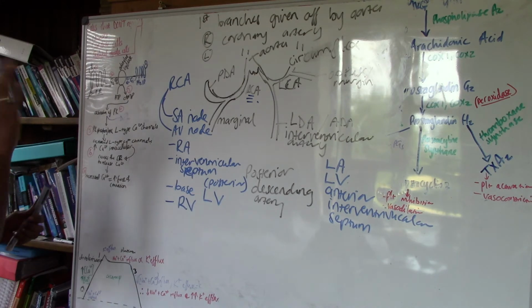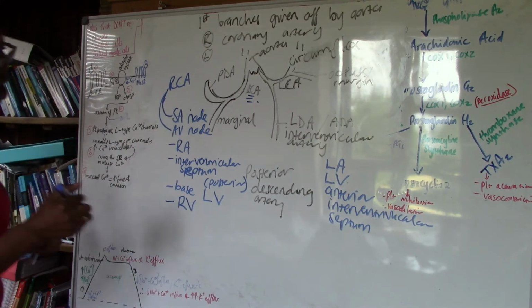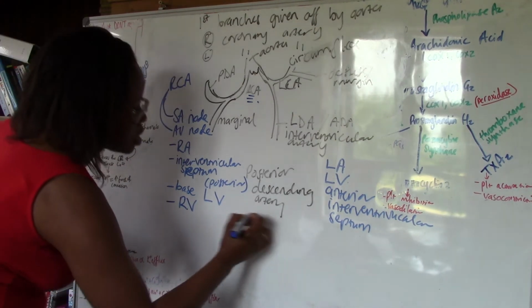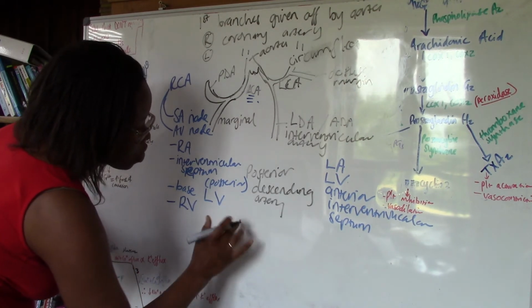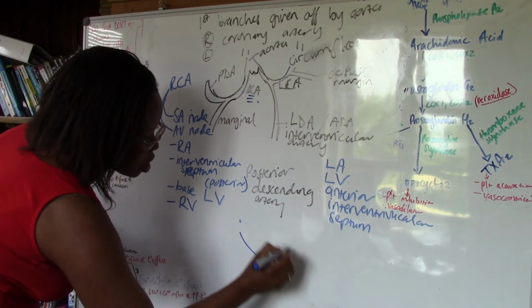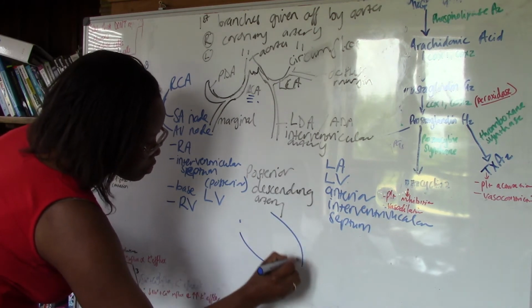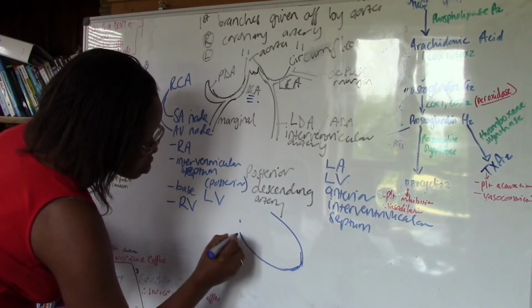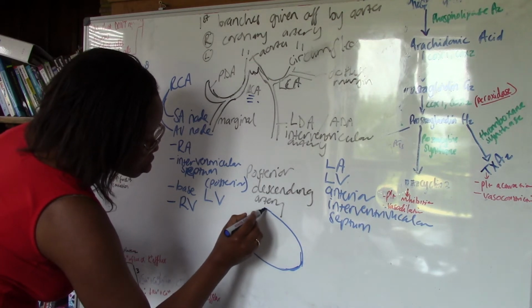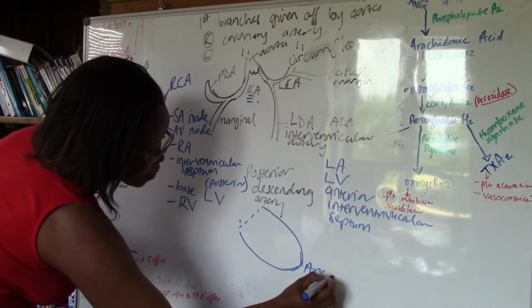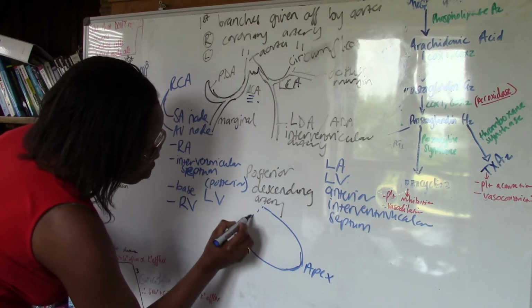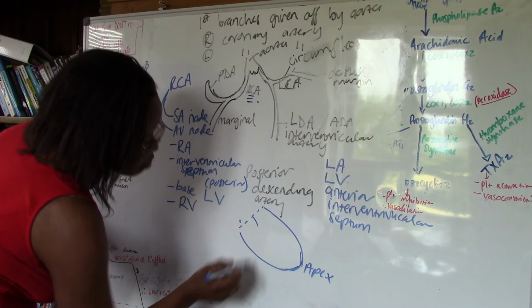So if we were to look on the surface of the heart as it's sitting, I'm not drawing it in an anatomically correct way, just for illustration purposes really. So as we look at the heart, this being the apex, we will have the coronary arteries descending from there.